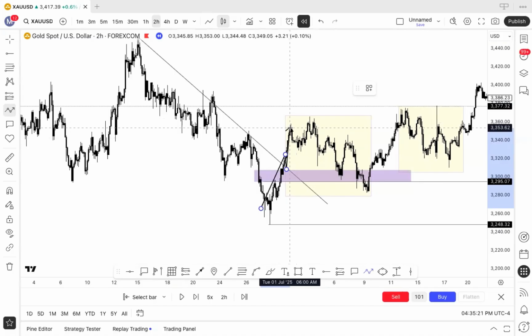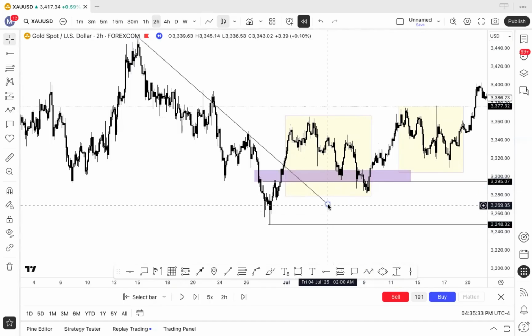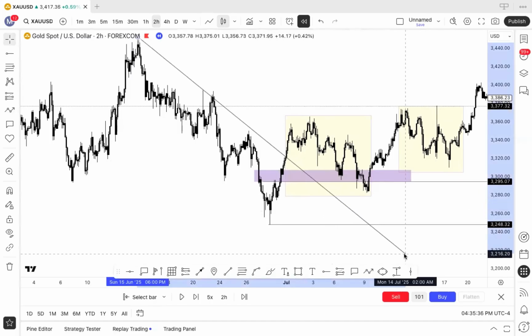Okay, but let's just continue talking about trend lines. So it broke here, shifted trend direction, beautiful, and then it came back to test the trend line and continued pushing up.